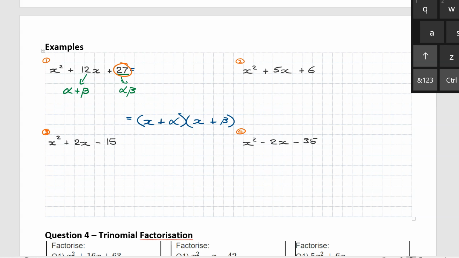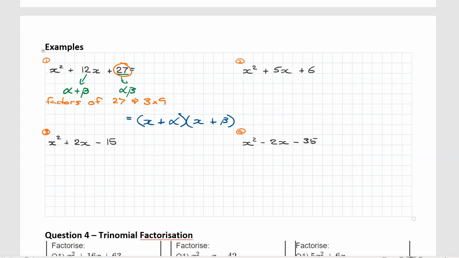The factors of 27 are simply going to be 3 times 9. Now, looking at the middle term, the 12x, we're looking at what two numbers can add together to give 12. And those numbers are 3 plus 9. So 3 plus 9 is 12.